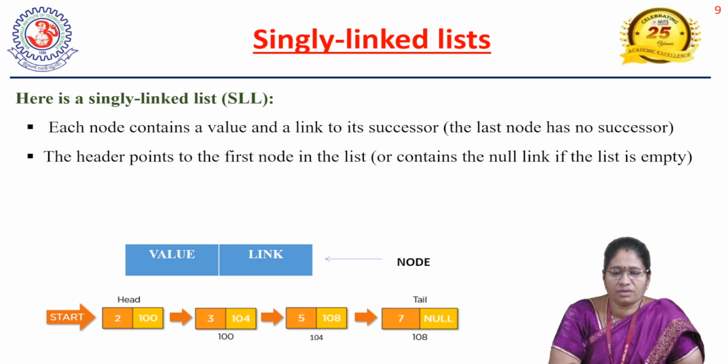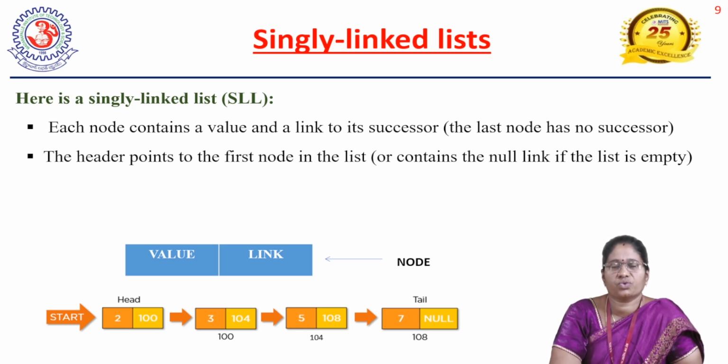Of course, as I told you, the last node does not have a successor because it is the last node in the list. As well, the header always points to the first node. Whatever list there is, we have a header and we have a chain; those two things will be there.